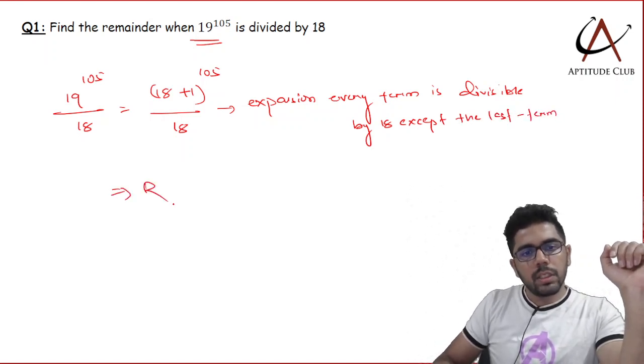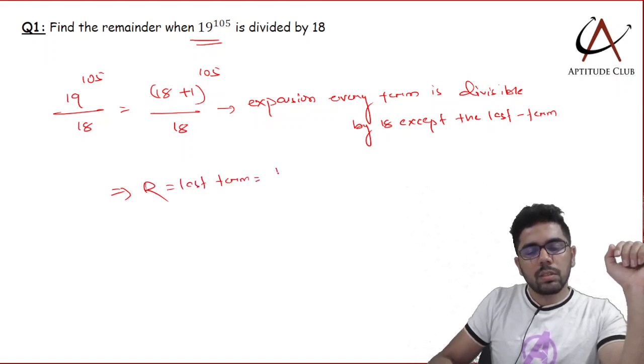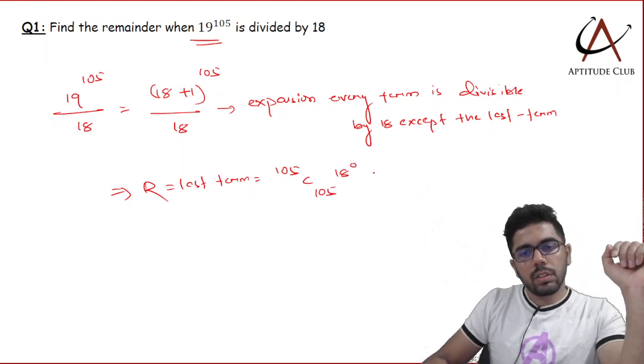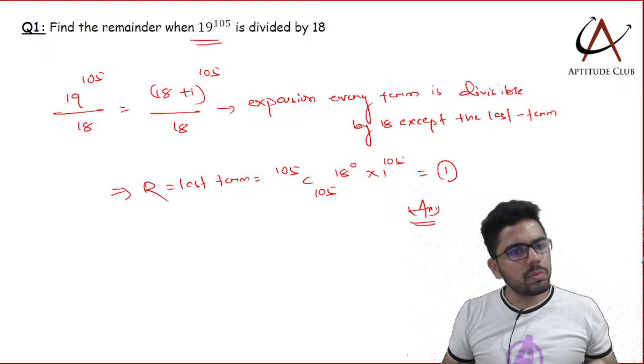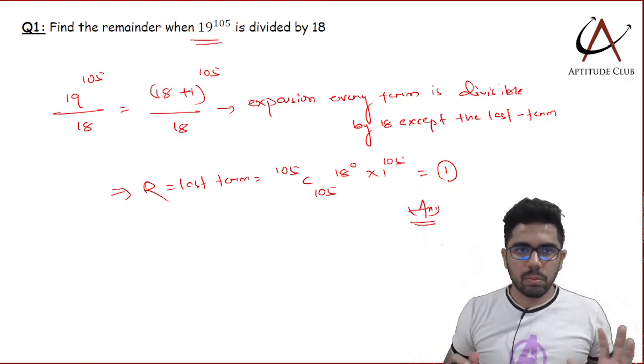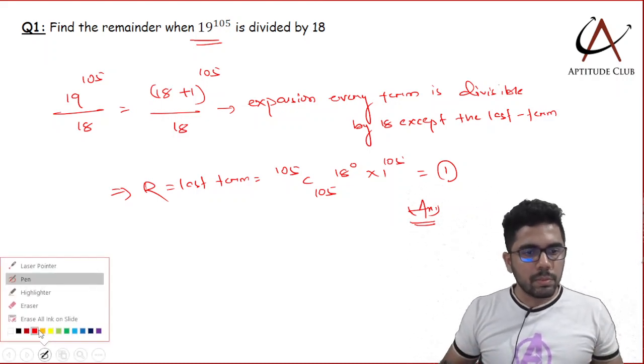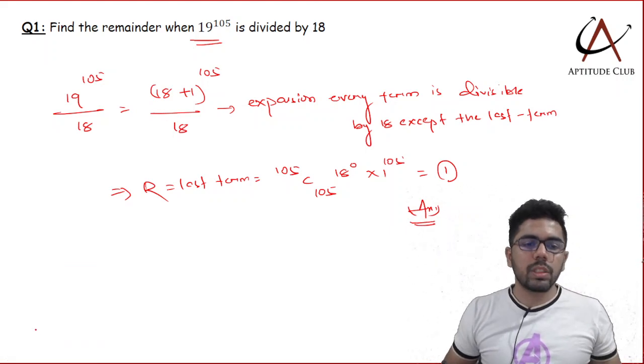This implies remainder is the last term. And what is the last term? 105C105, 18 to the power 0 into 1 to the power 105. The value is 1. देख रहे हो कितना easily solve हो सकता है. तुम इसको basic remainder theorem में भी कर सकते हो, no problem. I am just showing you an alternate approach how you can think about the same question but in a little different way.